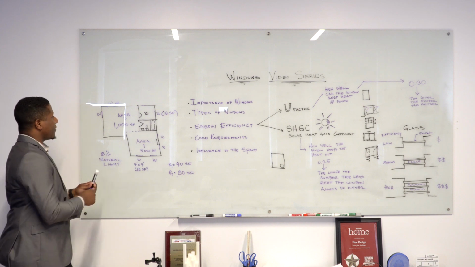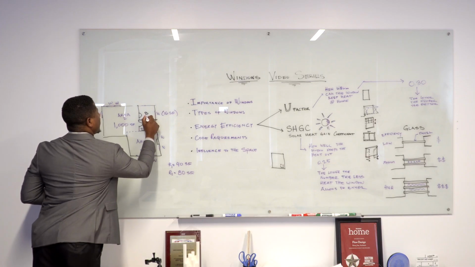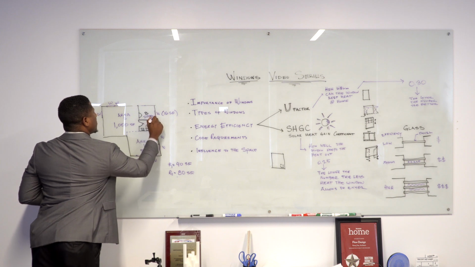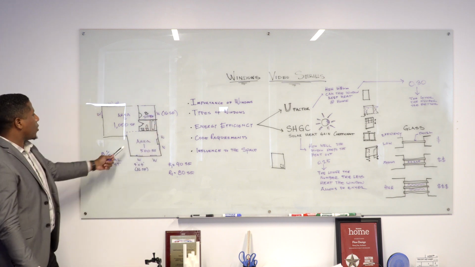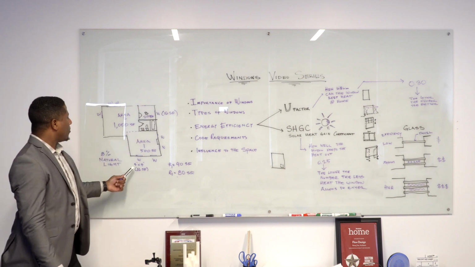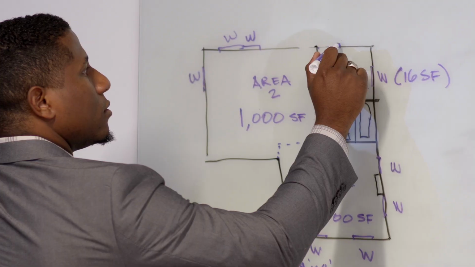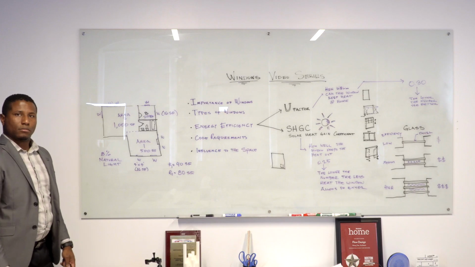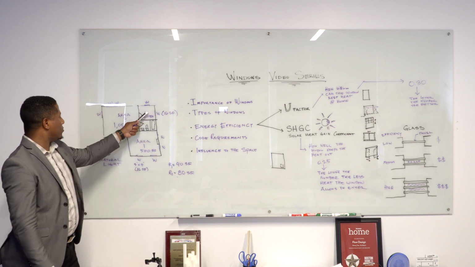Let's say you have 200 square feet of area. Now my minimum requirement, if we just take 10%, is 20 square feet. You could have window and window, and now you comply with that requirement on that room.